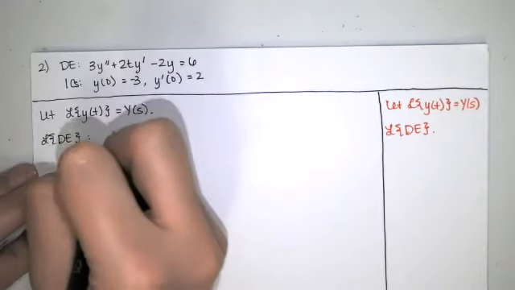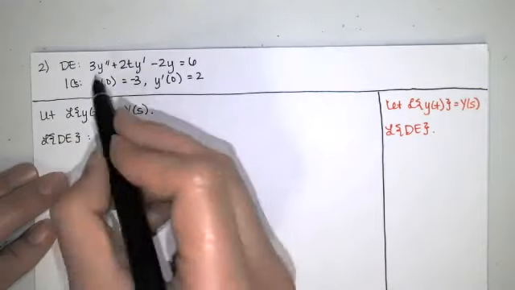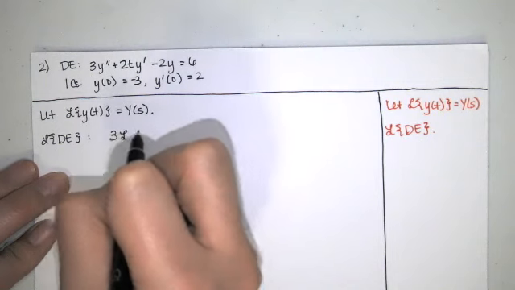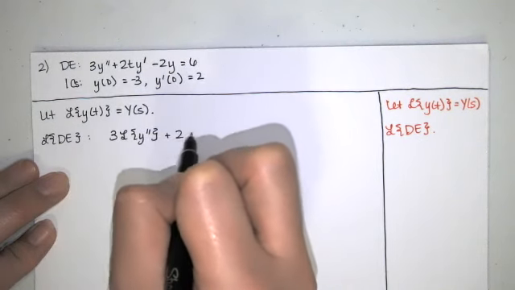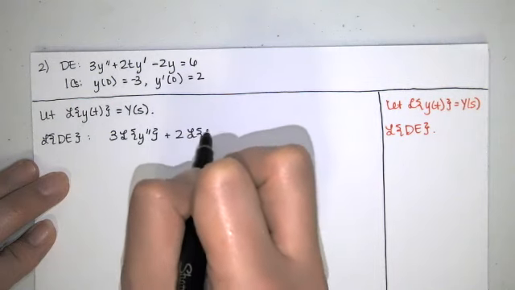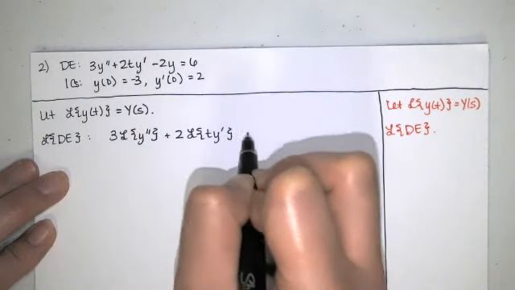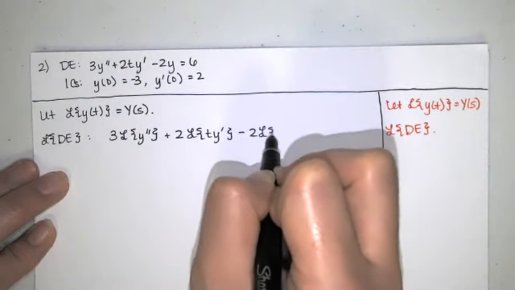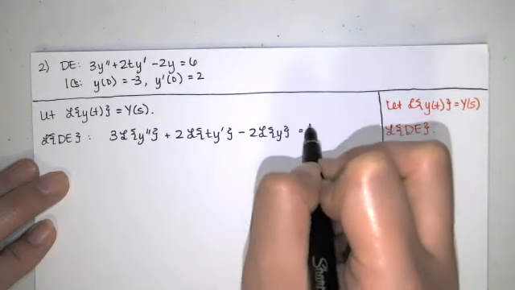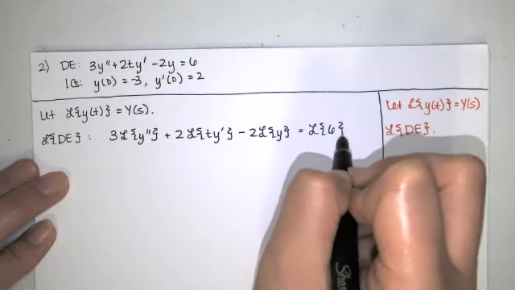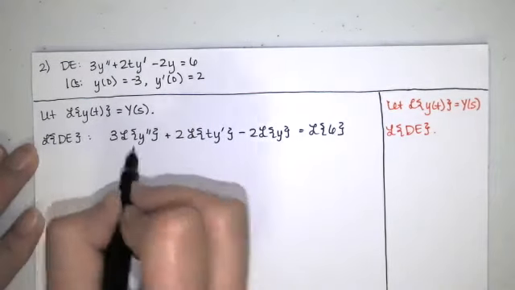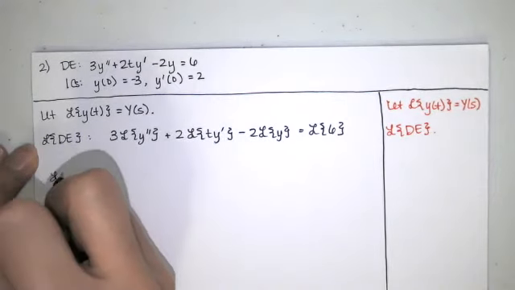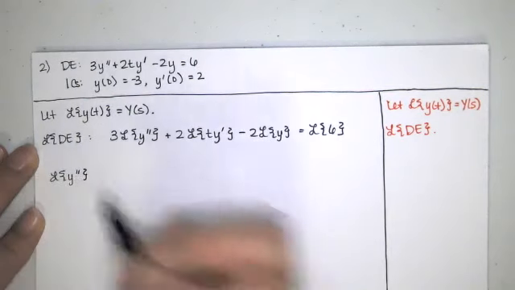So we'll have 3, because the Laplace transformation is a linear operator, 3 times the Laplace transform of y double prime plus 2 times the Laplace transform of t times y prime minus 2 times the Laplace transform of y equals the Laplace transform of 6. And this is the one piece you might want to work out separately. Some students want to work this out separately as well, so I'll just do that.